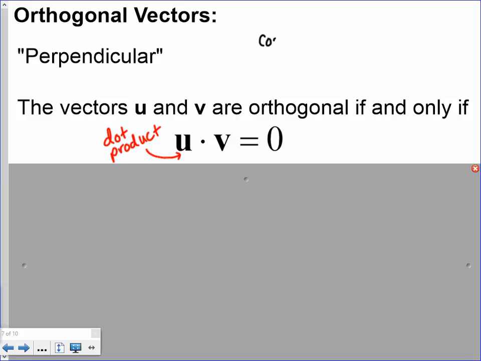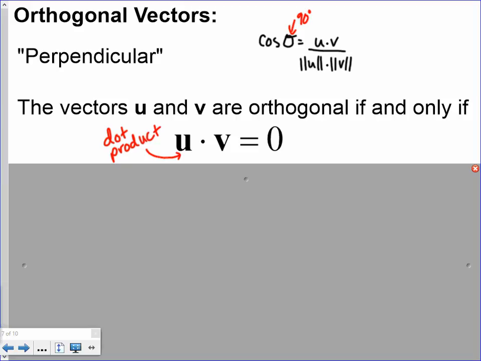We have cosine of theta equal to the dot product u times v divided by the magnitude of u times the magnitude of v. Now, if we're talking about two vectors that are orthogonal, they're perpendicular, crossing at a 90-degree angle, so we would know that this theta is in fact 90 degrees. Now think back to chapter 4 with your unit circle. What is the cosine of 90 degrees?